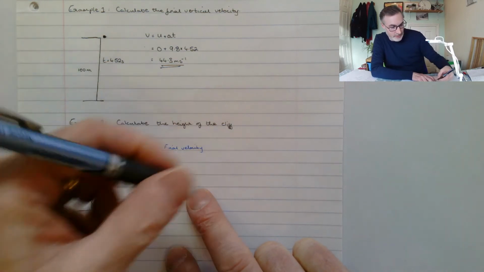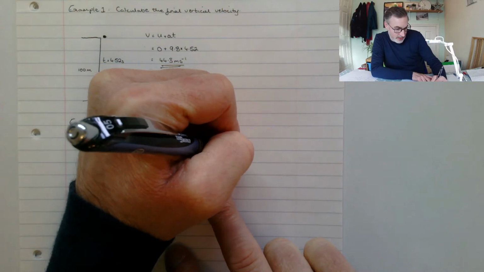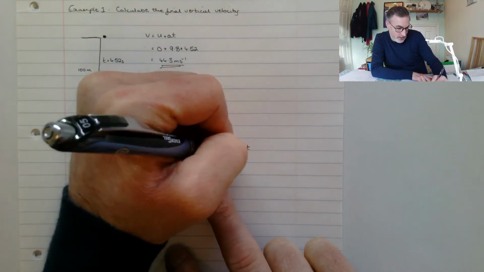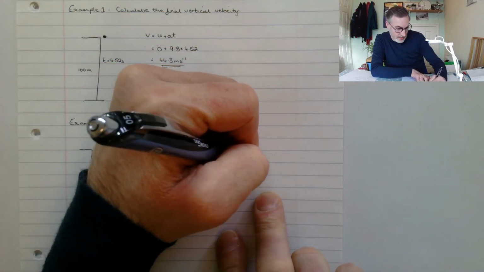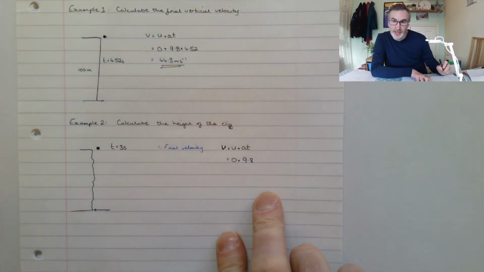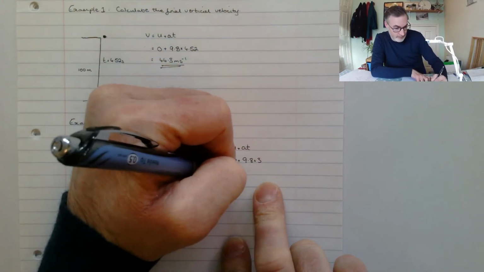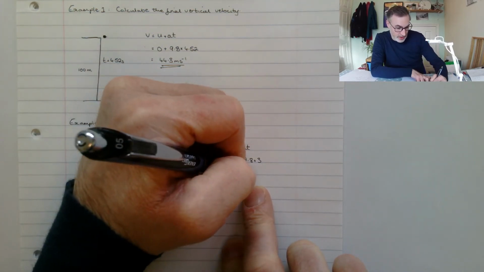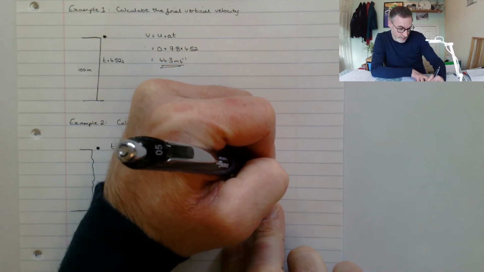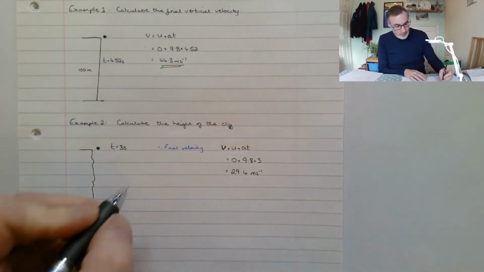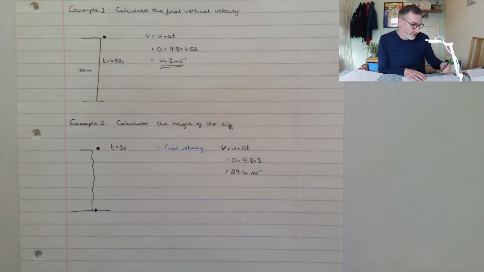And we find the final velocity with v is equal to u plus at. u always 0, must include it. a always 9.8 times, our time is 3 seconds here. And so that's going to be 29.4 meters per second. So it starts at 0, it finishes at 29.4.